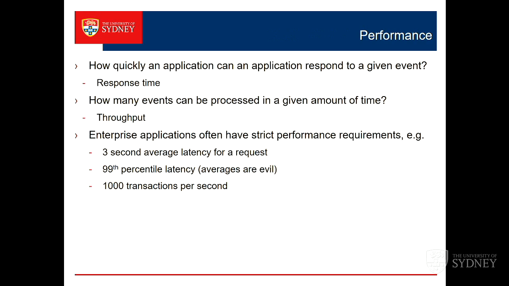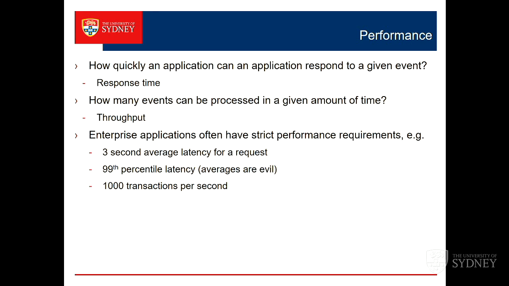Performance. We'll spend a lot of time talking about performance later. Alan's going to give you a lecture on performance modelling. And there are basically two things we measure. Response time: how quickly can my application respond to some request, some event?